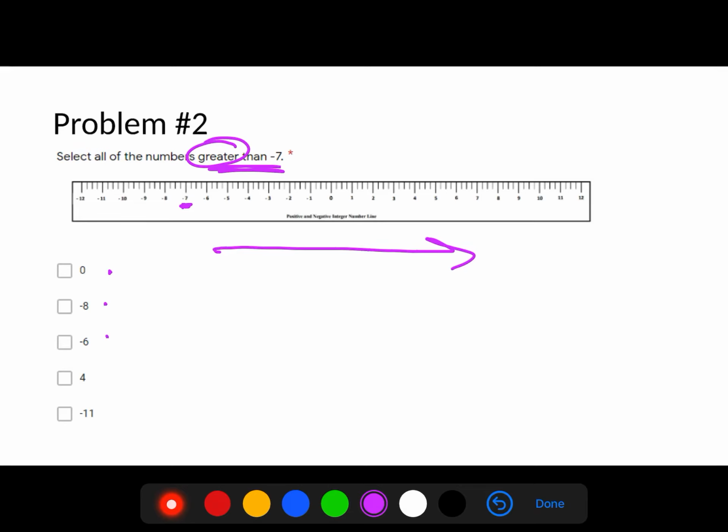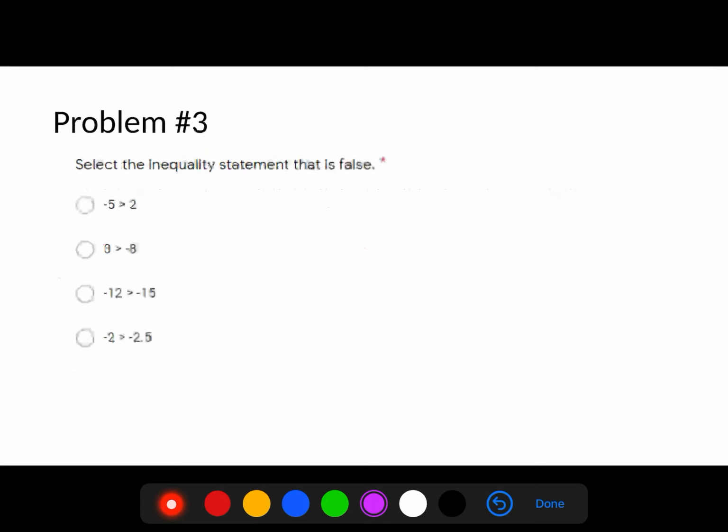So which of these numbers are to the right of negative 7? 0? Yeah, 0's to the right. That's correct. Negative 8? Nope, negative 8 is to the left. Negative 6? Yeah, negative 6 is to the right of negative 7. Positive 4? Yep, that's to the right. Negative 11? Nope, negative 11 is to the left. So those 3 numbers from the list are greater than negative 7.